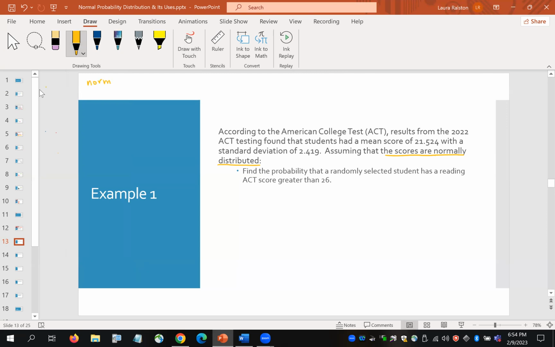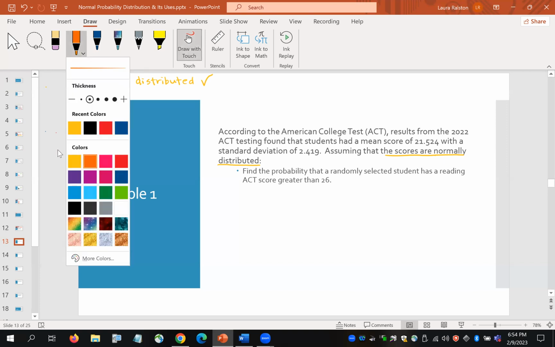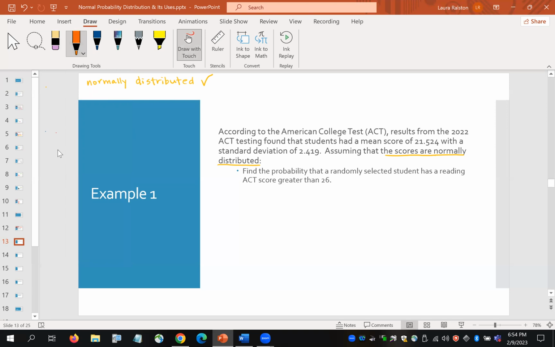Normally distributed. Check. If I go back to the first sentence, it said that the results showed they had a mean score of 21.524.